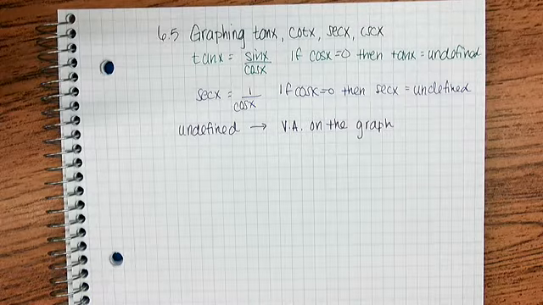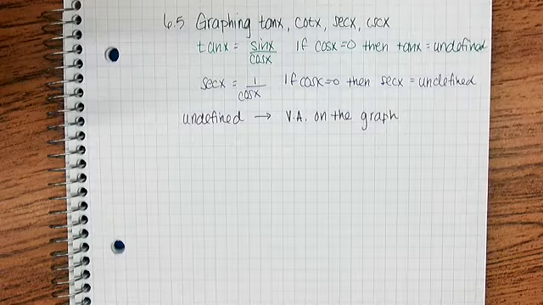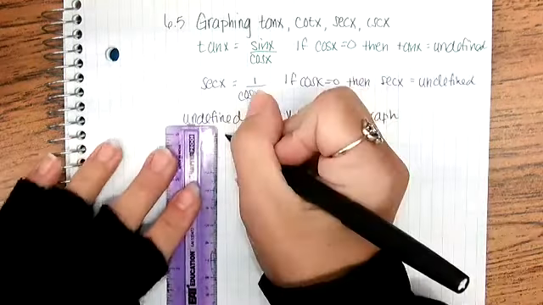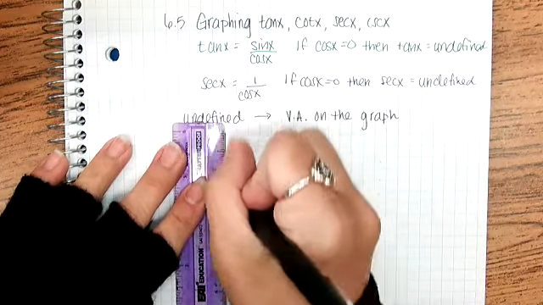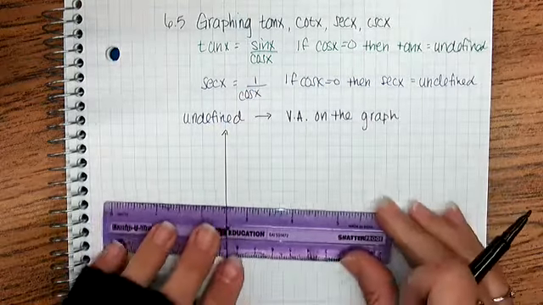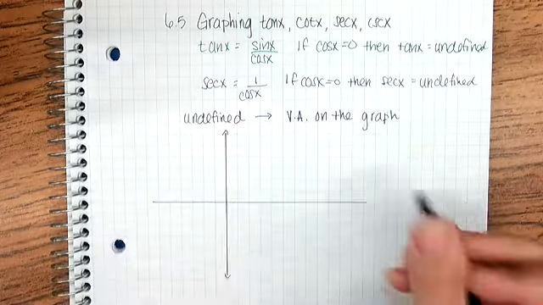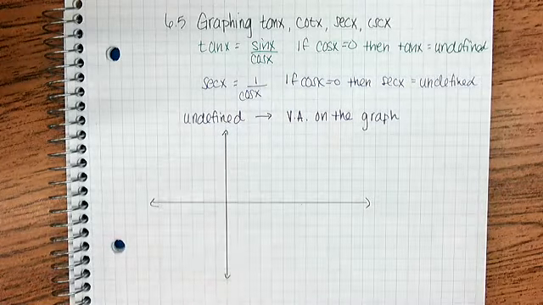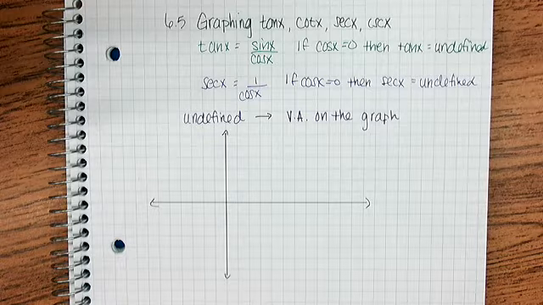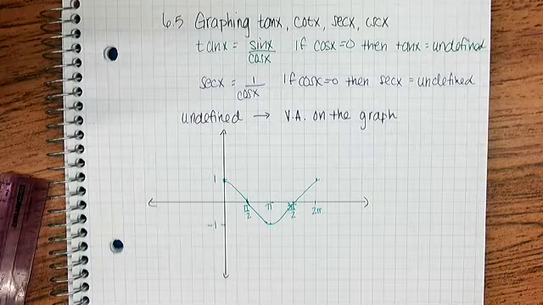Okay, so let's look at where the cosine is 0. I think it's very helpful if we draw the parent function. Okay, so go ahead and draw your parent function. There is the parent cosine function.